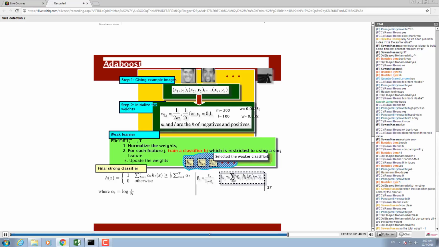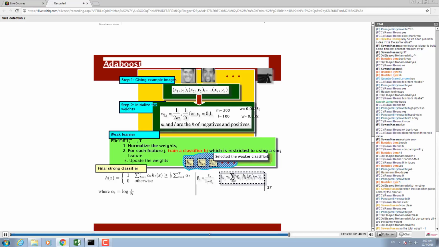The positive samples will have the same weight, and the negative samples will have the same weight, but the positive and negative weights may not be the same. Sometimes they can be the same if we are using the same number of positive and negative samples.